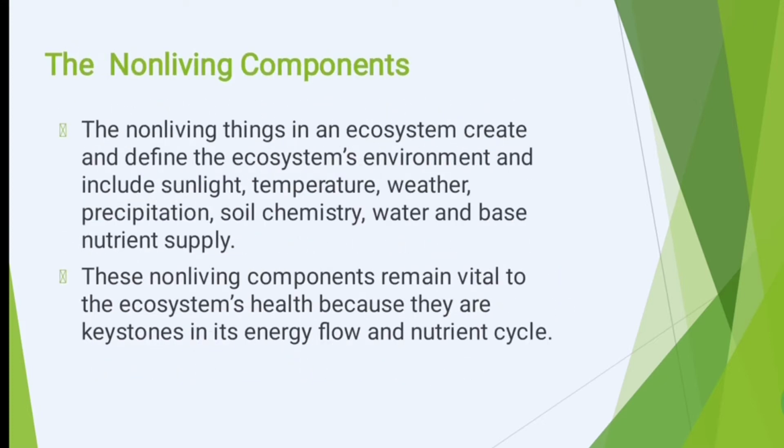The non-living components. The non-living things in an ecosystem create and define the ecosystem environment and include sunlight, temperature, weather, precipitation, soil chemistry, water, and base nutrient supply. These non-living components remain vital to the ecosystem health because they are the keystone in its energy flow and nutrient cycle.